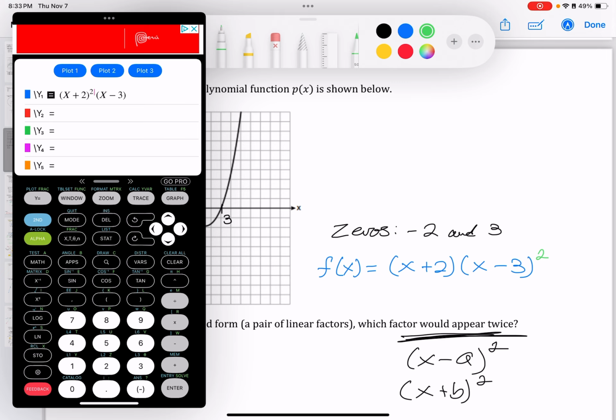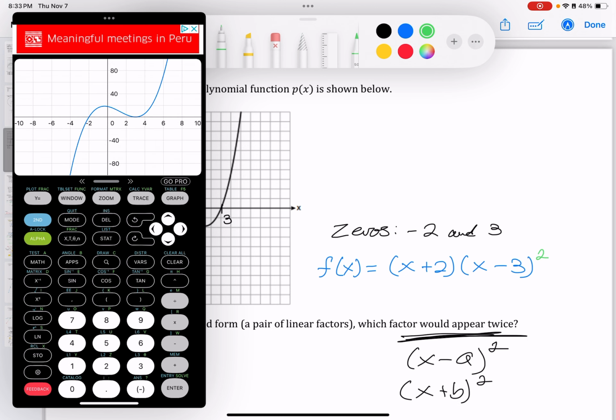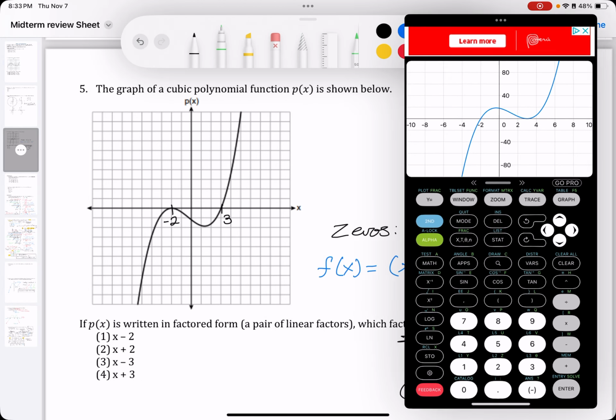So let's do (x minus 3) to the second power. Let's move the arrow over. Let's square that. And let's graph. Now compare the two graphs.